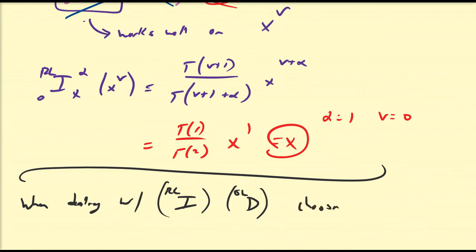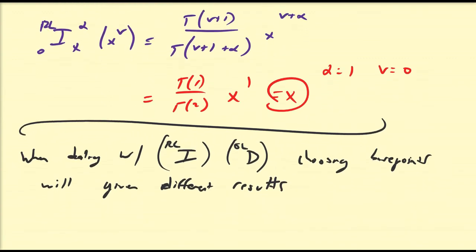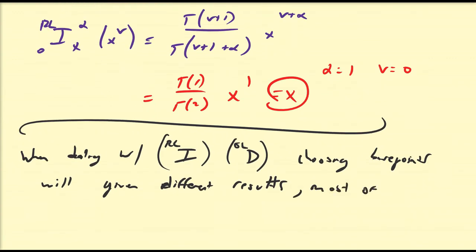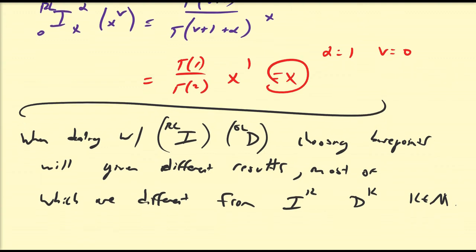Choosing base points will give different results, most of which are different from, for example, I^k and D^k, where k is a natural number, so the classical integrals and derivatives from standard calculus.